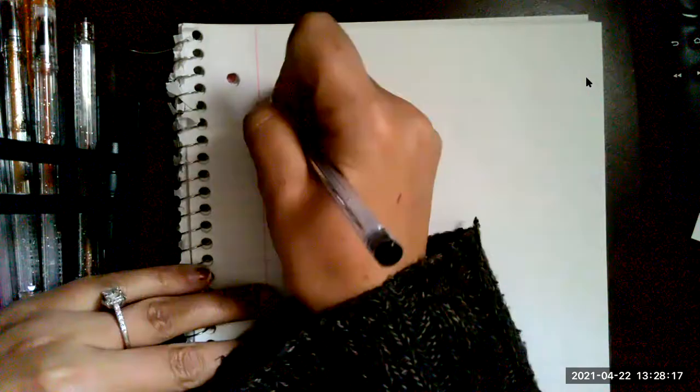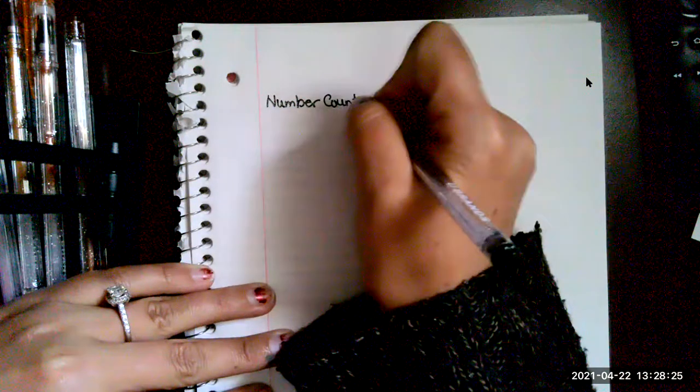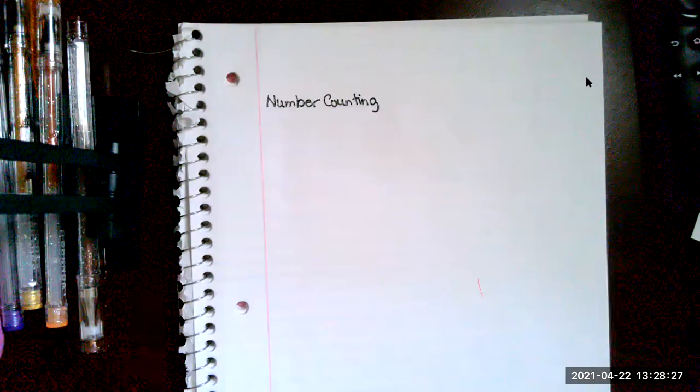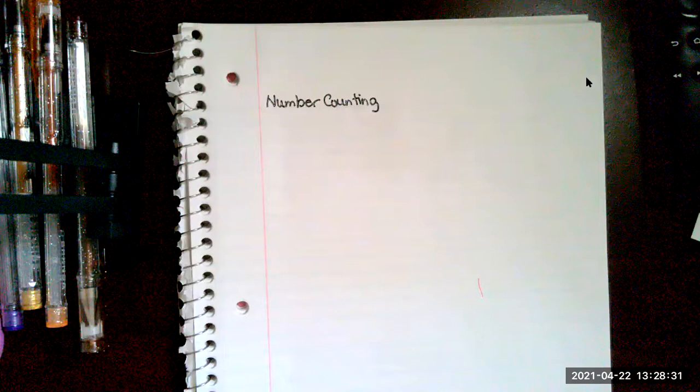But if you are a step-by-step person, I'm going to show you one of the multiple different forms of number counting methods. So the first type I'm going to do is a number counting method. Now, I don't care what method you use, because no matter what method you use, you should get the same results. And I'm going to show that to you.